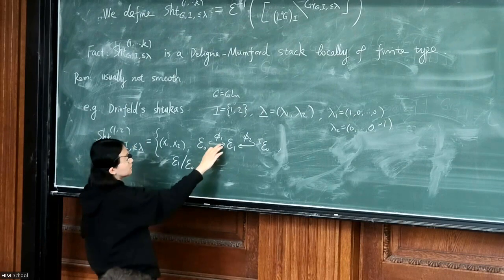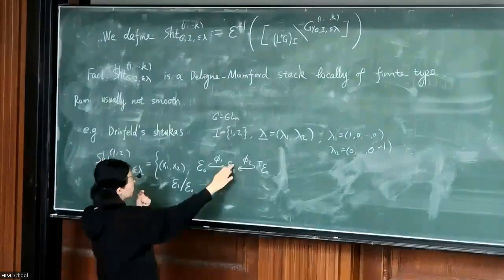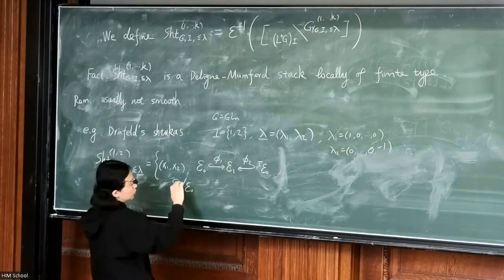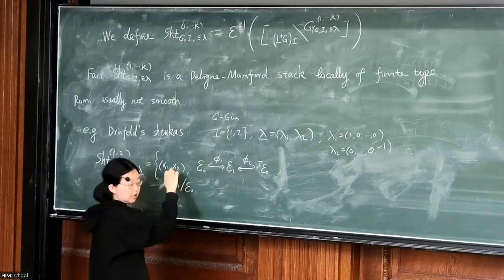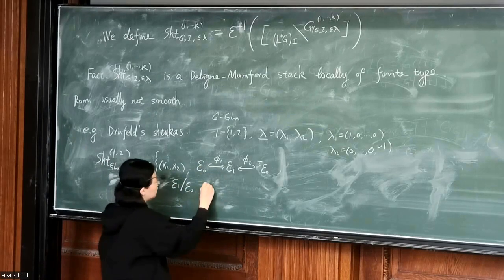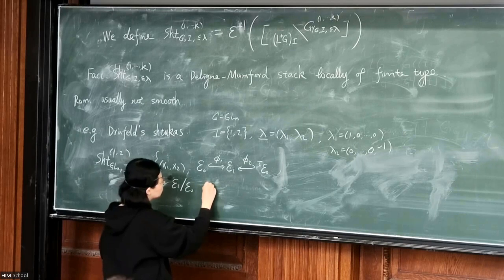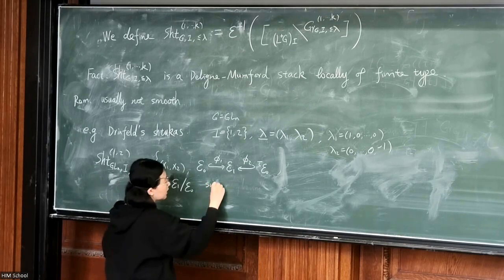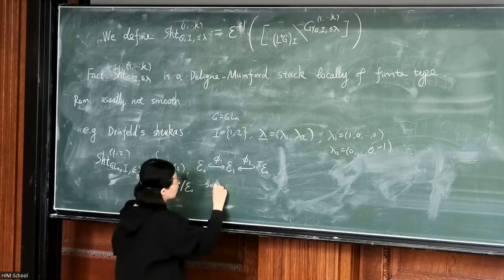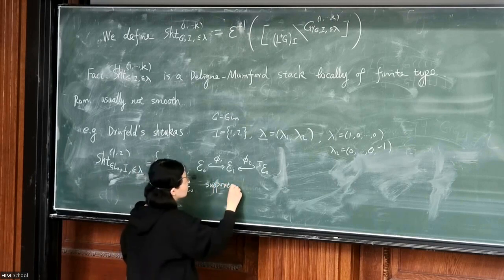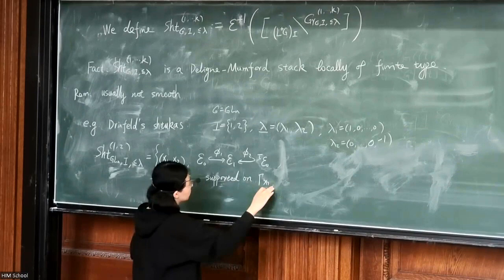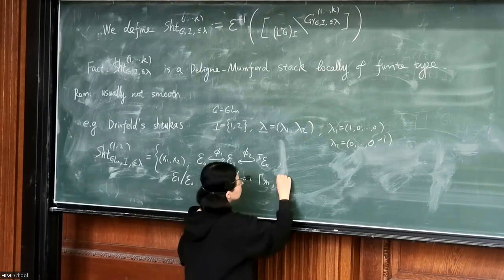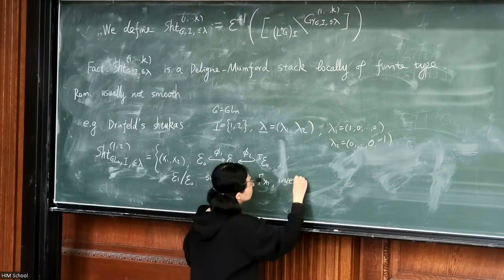The modification is, so they are isomorphism outside the first leg. The modification is only on the first leg, and we do a minimal modification on this leg. So the quotient is a skyscraper sheaf supported on the graph of the first leg, an invertible sheaf.